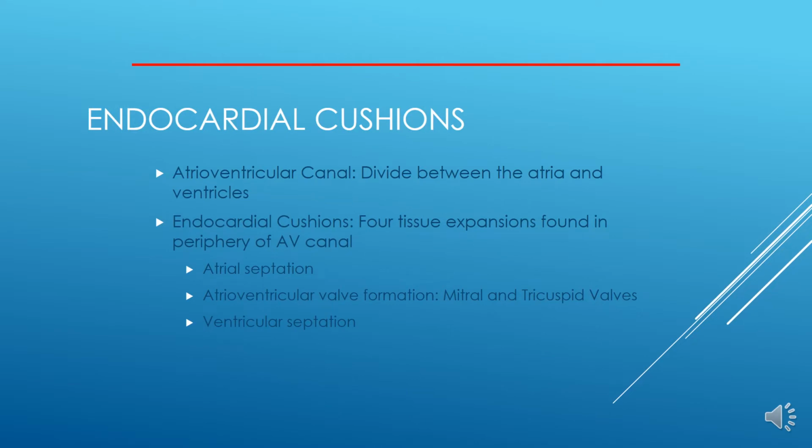So, something about the endocardial cushion. The atrioventricular canal divides between the atria and ventricles, and the endocardial cushions. There are 4 tissue expansions found in the periphery of the AV canal and they cause the atrial septation, atrioventricular valve formation, mitral and tricuspid valves, and ventricular septation.